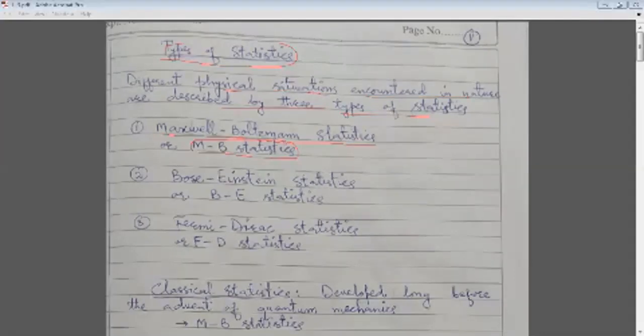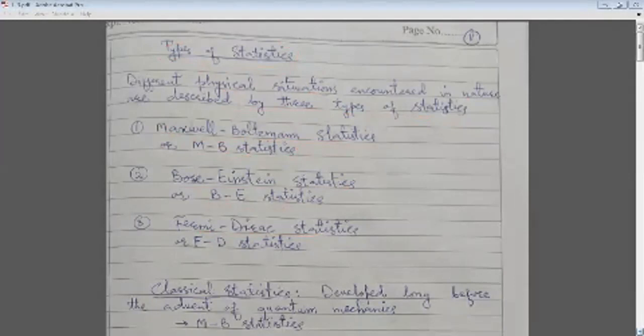Second is called Bose-Einstein statistics or BE statistics. Third one is called Fermi-Dirac statistics or FD statistics. These are basically the three nomenclatures for the MB, BE and FD.